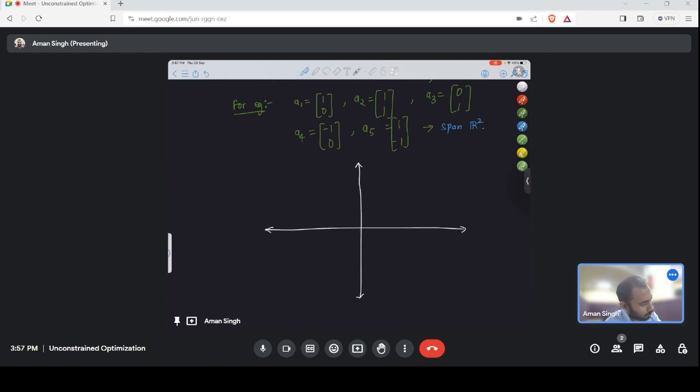So A1 is (1, 0). This is A1. This is A2, (1, 1). This is A3.